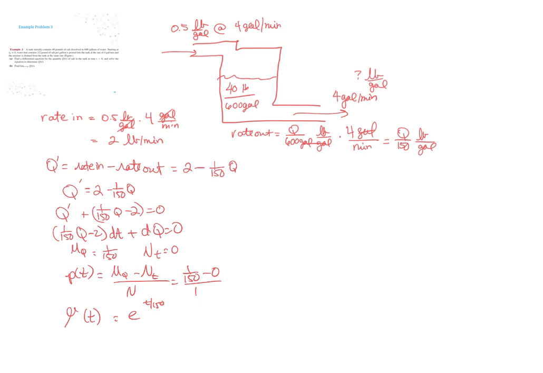So when we multiply it through, we end up with 1 over 150 Q e to the t over 150, all of that times, minus 2, I forgot the 2, minus 2 e to the t over 150.